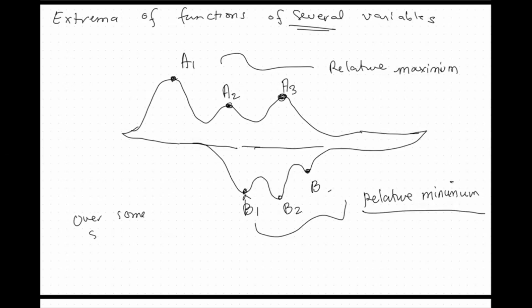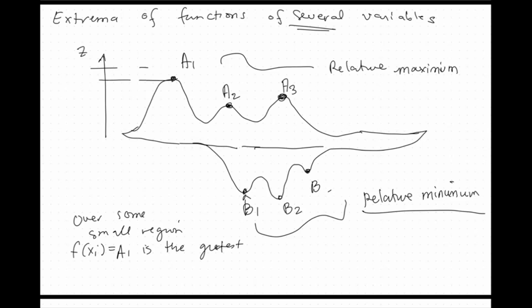some small region, the A here, which is a function of some xi, is the greatest. So suppose this is your z-axis, and this is your corresponding points.